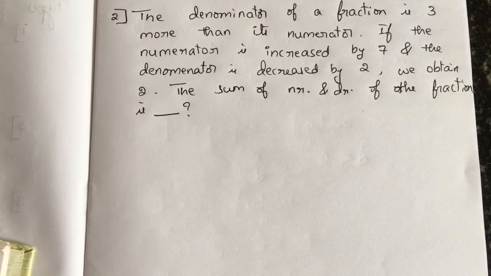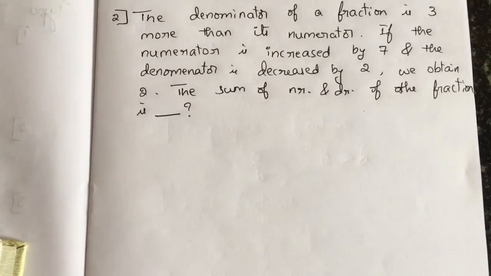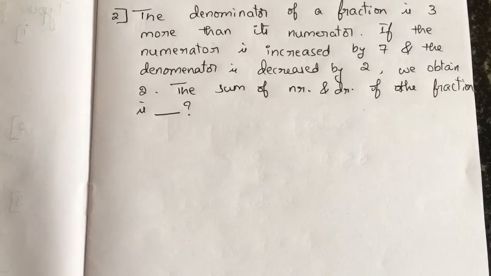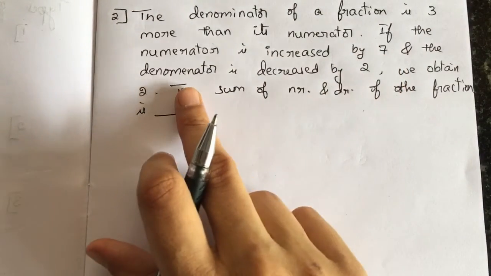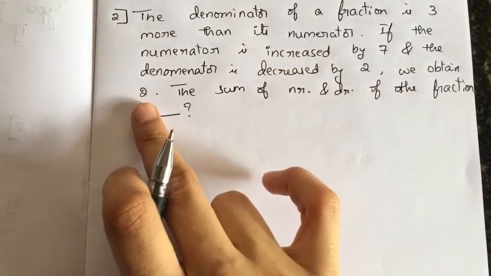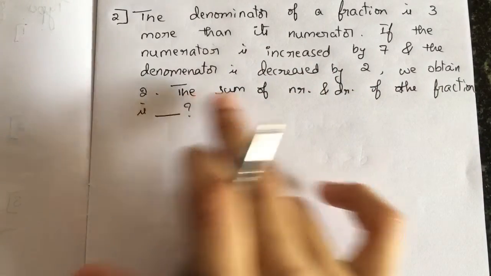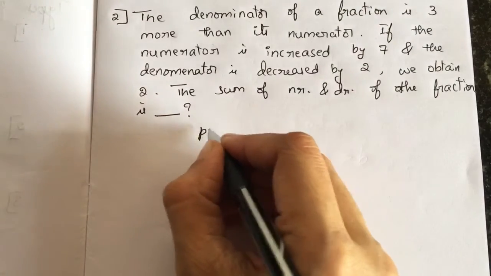The denominator of a fraction is 3 more than its numerator. If the numerator is increased by 7 and the denominator is decreased by 2, we obtain 2. We need to calculate the sum of the numerator and the denominator. Let me take the fraction as p by q.